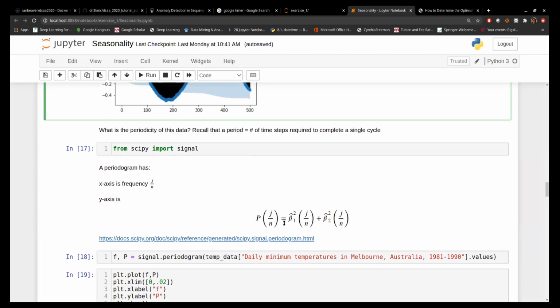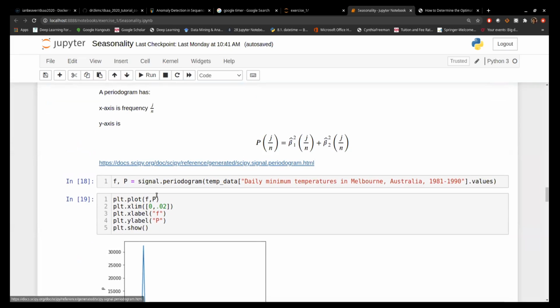We don't have to compute the Fourier transform by hand. Thankfully, we have computer software to do it for us. I'm going to use SciPy's periodogram function, which returns the x-axis and y-axis values f and p respectively, f being the frequency, the j/n.